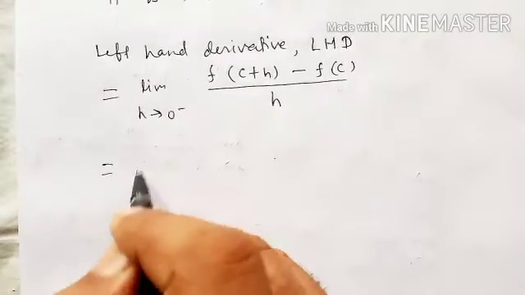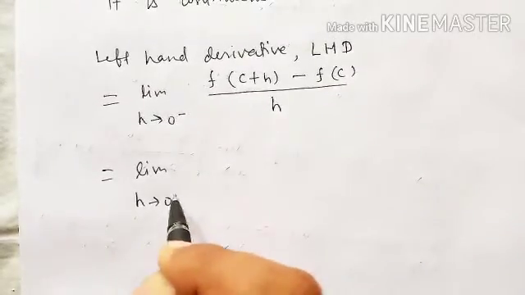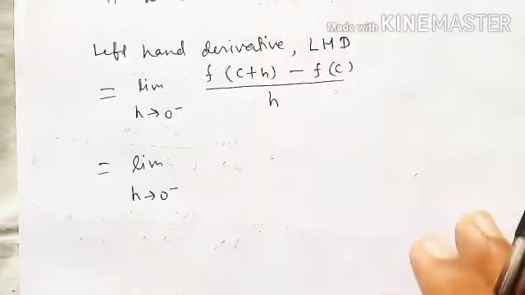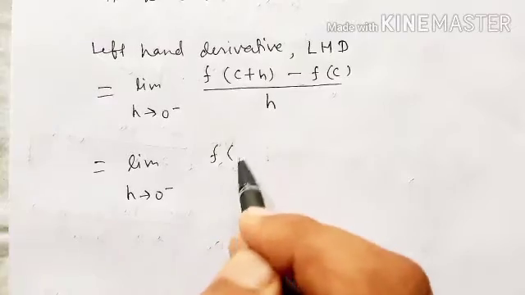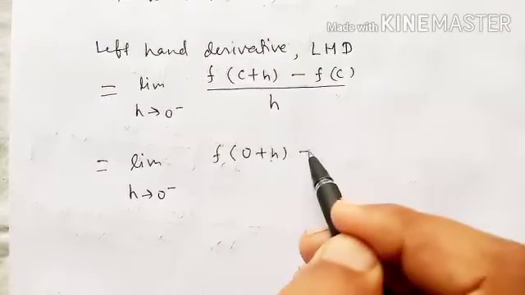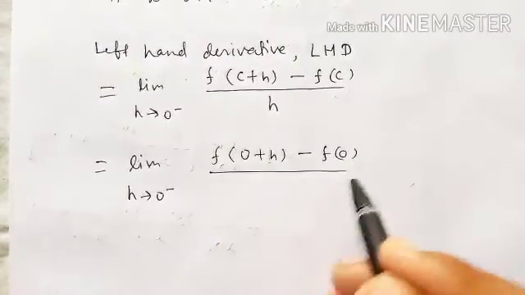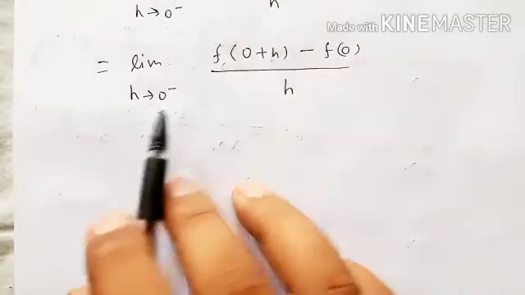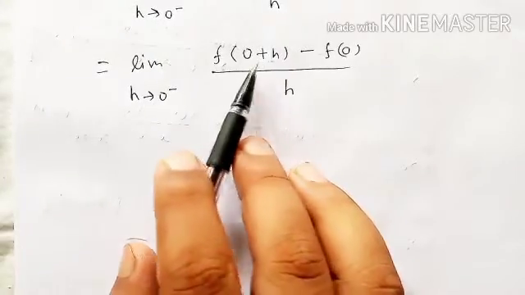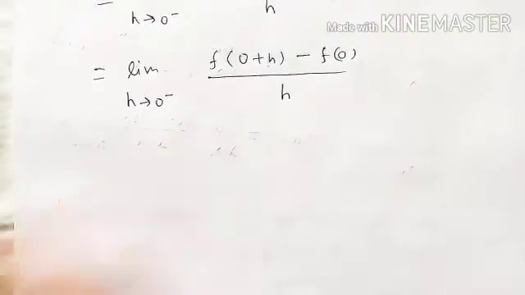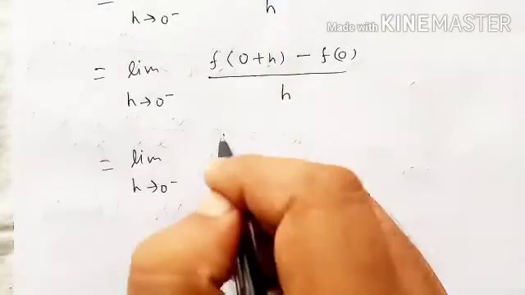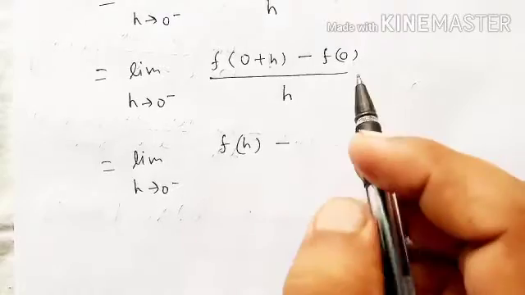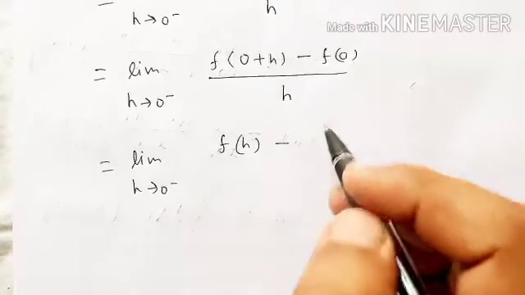So limit h tends to 0 minus, here we have to check differentiability at x is equal to 0, so c is f of 0 plus h minus f of 0 by h. Here h tends to 0 minus means h is negative. So we have f of h, f of 0. Here f of x is mod x, so mod 0 is 0.